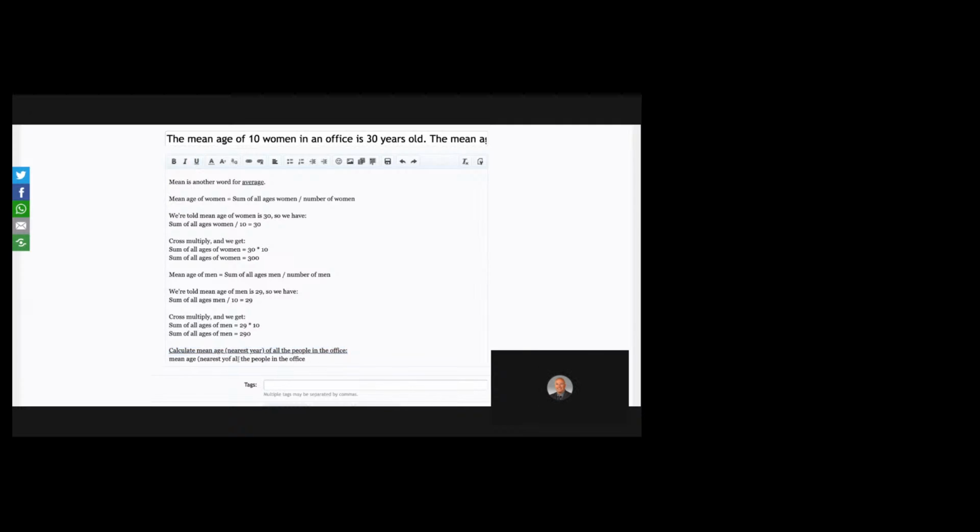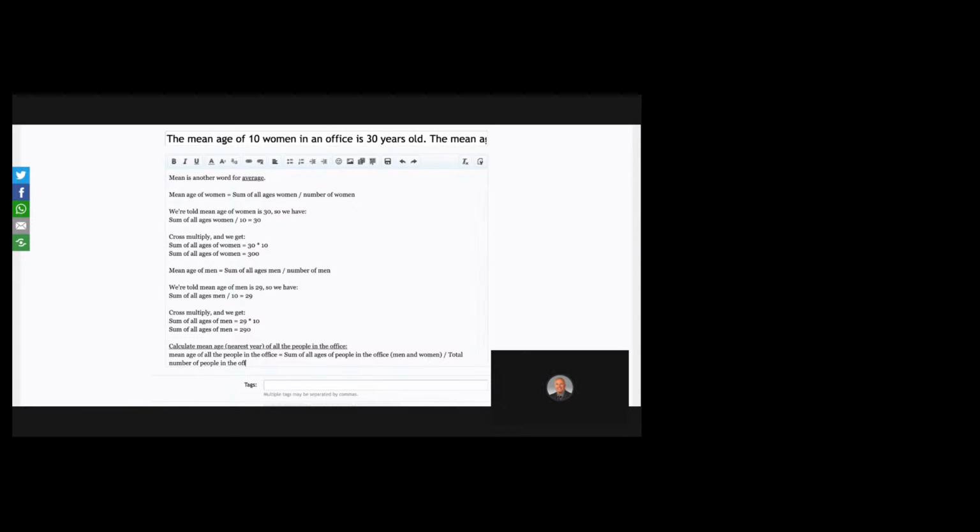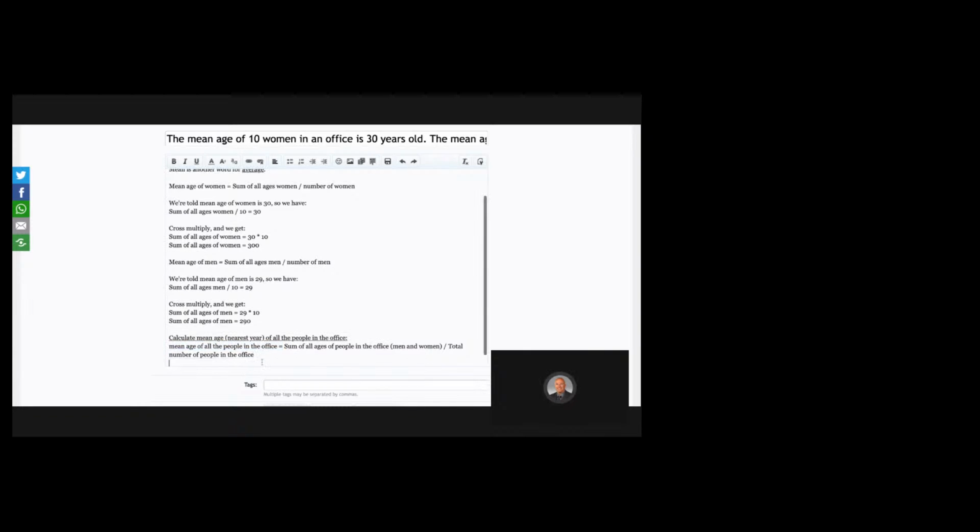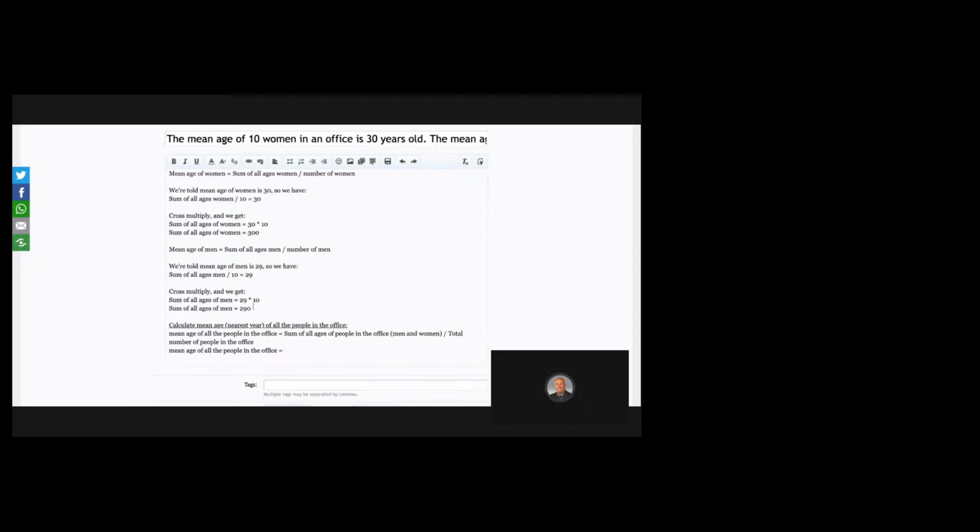Mean age equals, and we're going to use the formula we used up here: sum of all ages of people in the office, men and women, divided by total number of people in the office. So average is just the total amount divided by the total quantity. So we've got 300 plus 290 divided by 10 women plus 10 men.